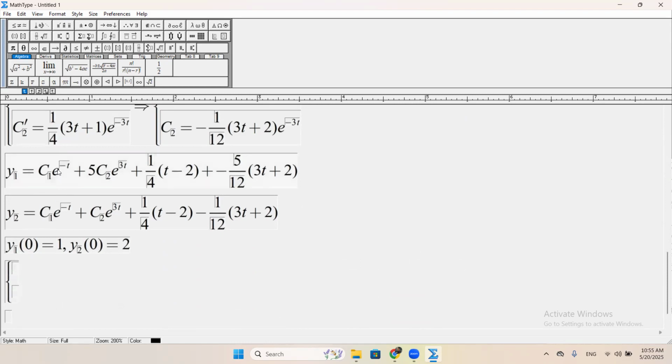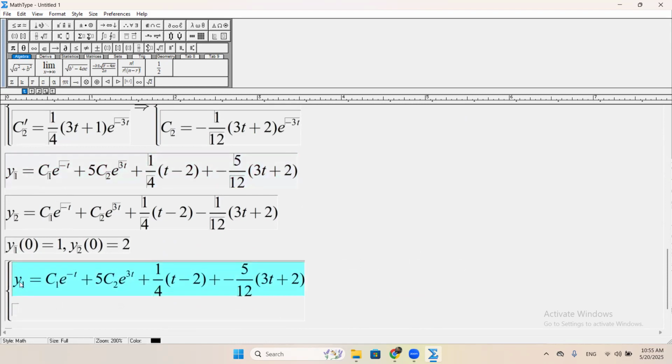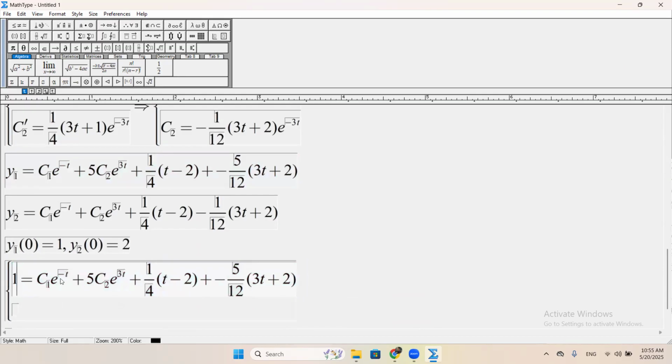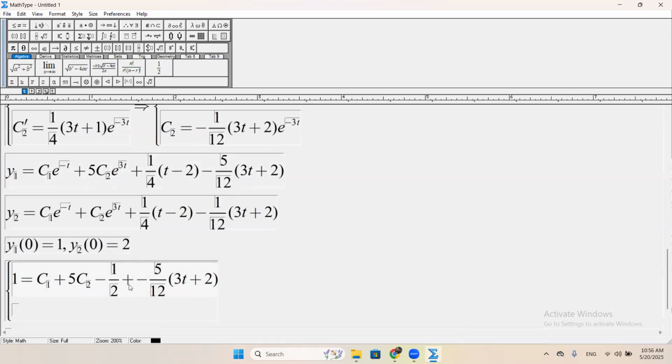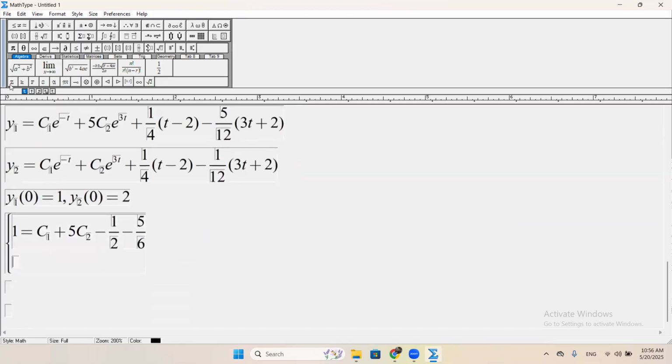So 1 equals C1 plus 5C2 minus 1/2 minus 5/6. And what about the second equation?